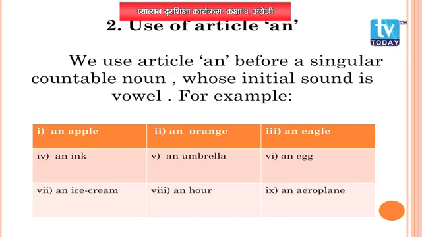But children, for 'a' we said the words should have a consonant sound, whereas for 'an' the word should have a vowel sound, the sound of A, E, I, O, U, so that we can use the article 'an' in front of them.